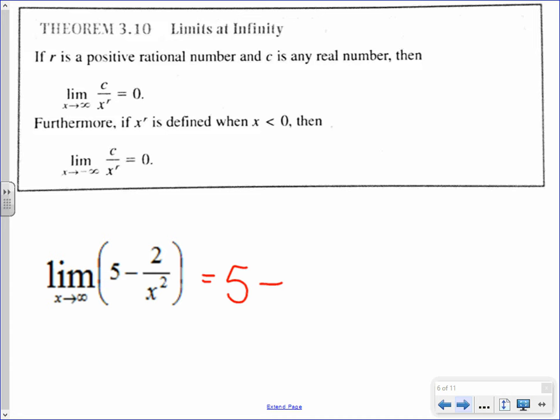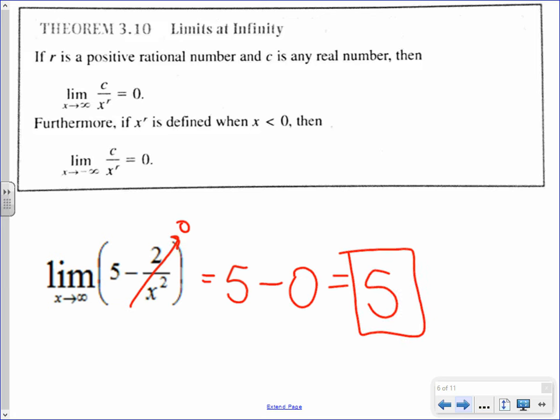Minus, what's the limit as x approaches infinity of 2 over x squared? Okay, 2 over infinity is kind of how we can think about that. That's going to go to 0. So we're left with 5. We're going to use this to help us evaluate more complicated limits.